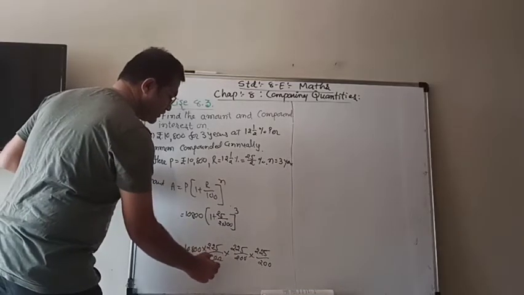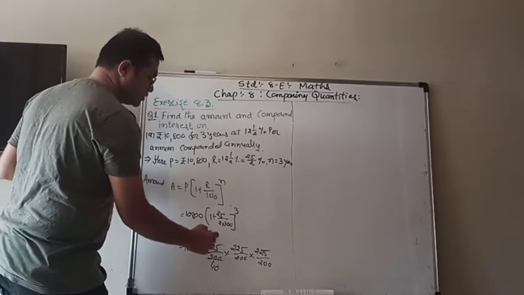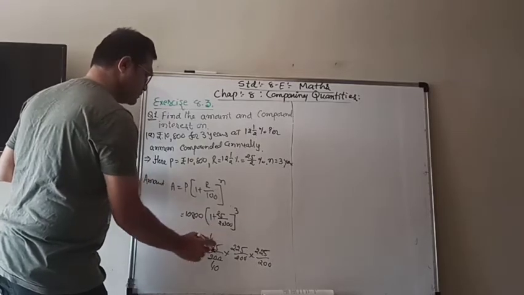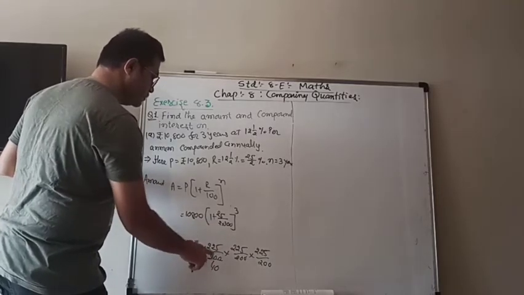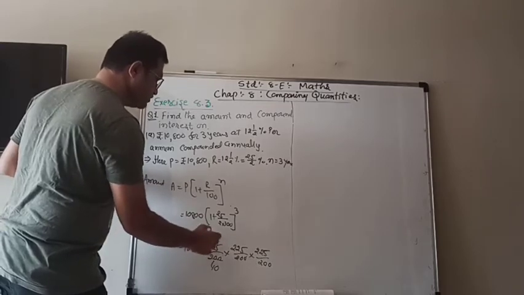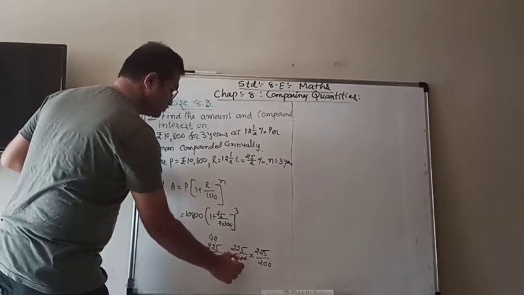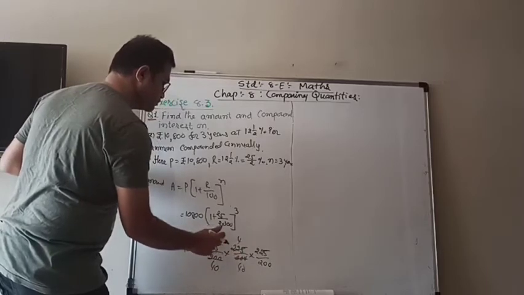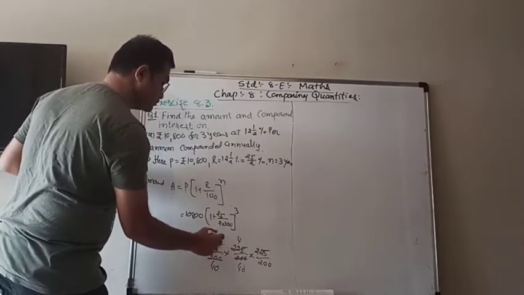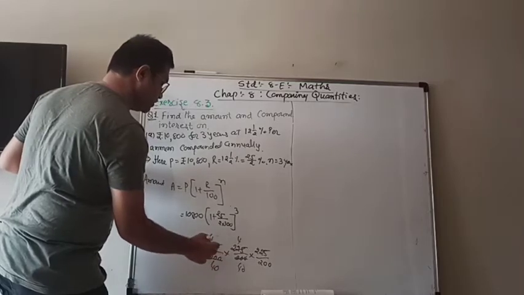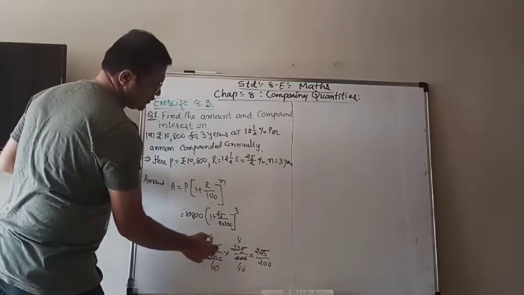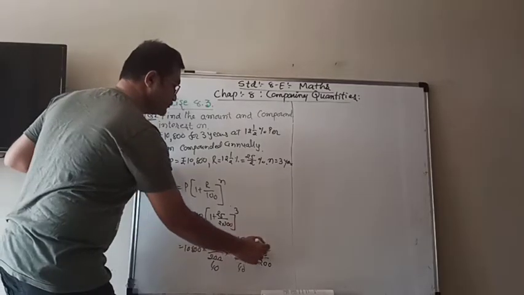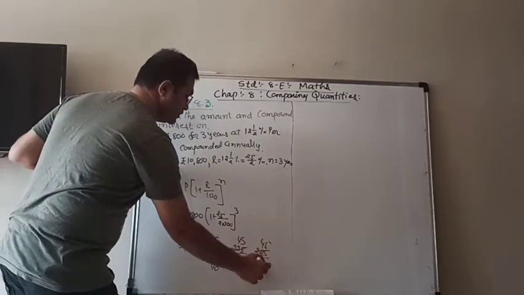So 45 and 40, since 4 fives are 20 and 5 nines are 45.